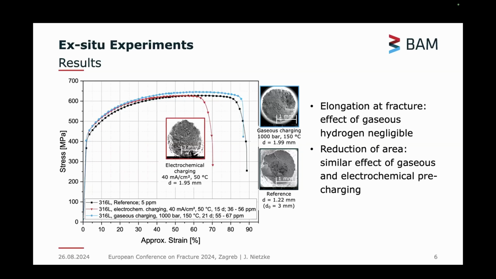And what is also the case is that in the gaseous precharged specimen, the reduction of area is also lower. This means the reduction of area shows an effect of hydrogen for both methods, while the elongation at fracture does not show the influence of hydrogen in case of the gaseous precharging.